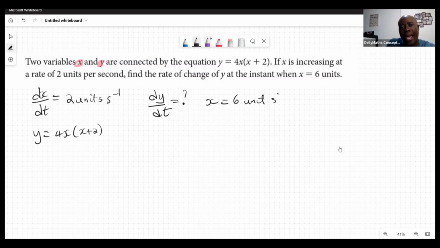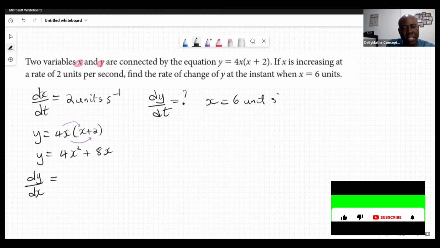What we want to do is to apply our regular law of distribution, right? So we're going to rewrite this as y is equal to 4x squared plus 8x, right? And then now we can find dy/dx. So we're going to differentiate this. It's going to give us 8x plus 8.